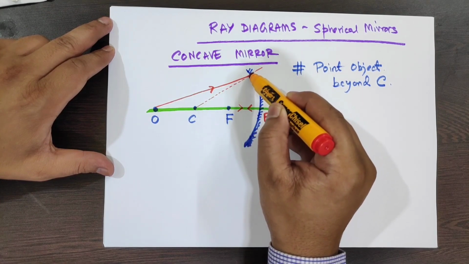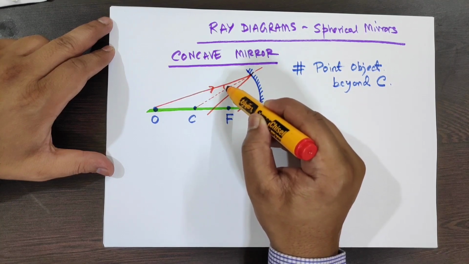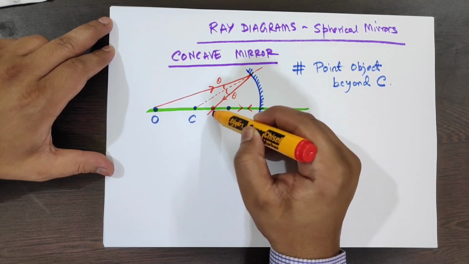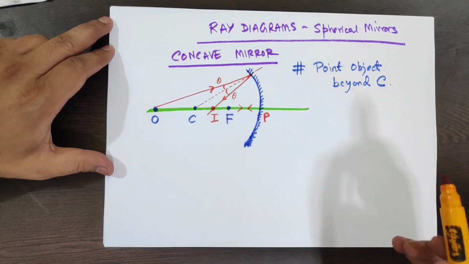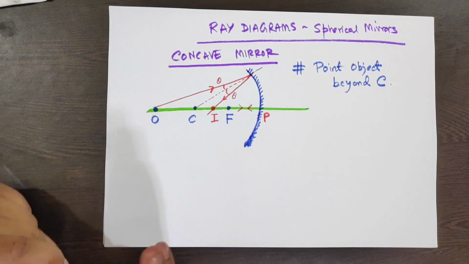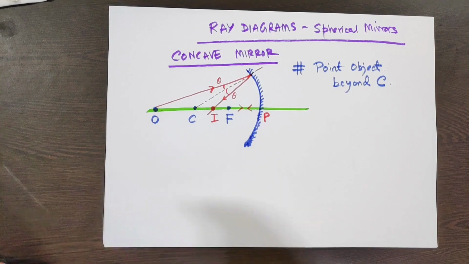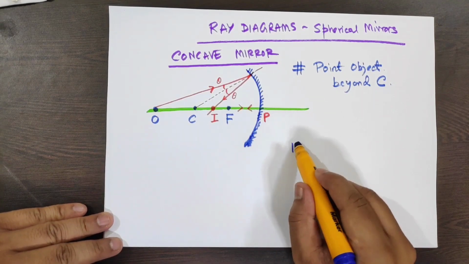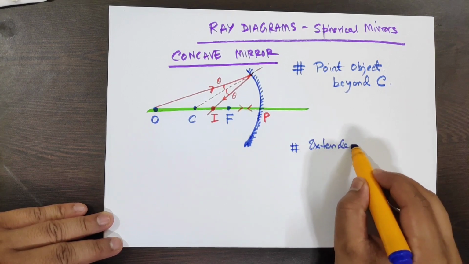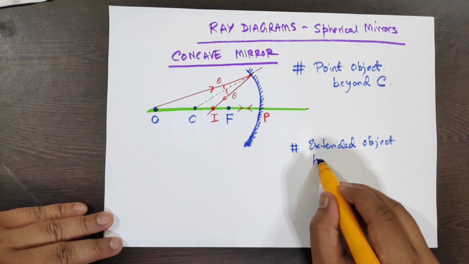So you see, this angle is equal to this angle, both are equal to theta, and this will be the image I. So this is for point object. Okay. Now the next diagram we'll draw is for extended object, extended object beyond C.